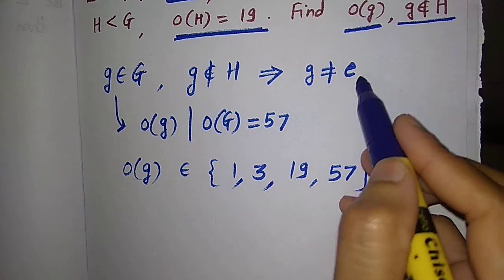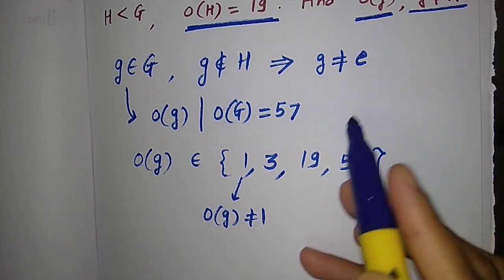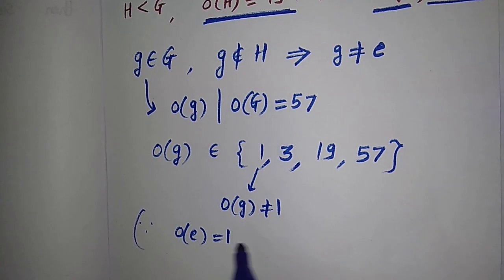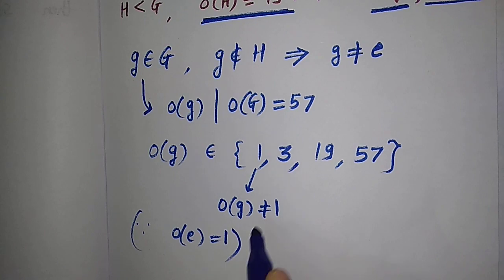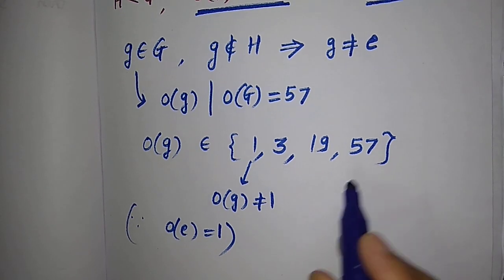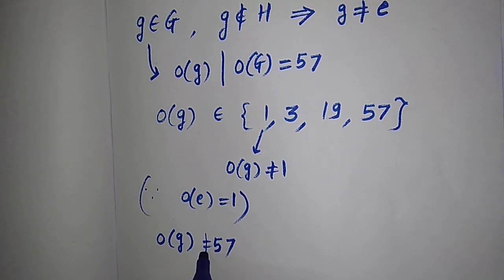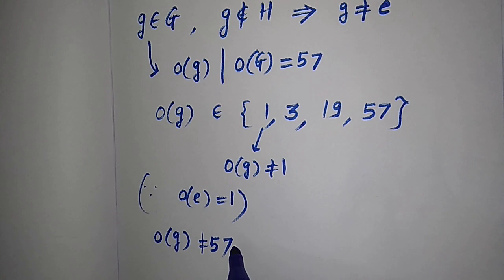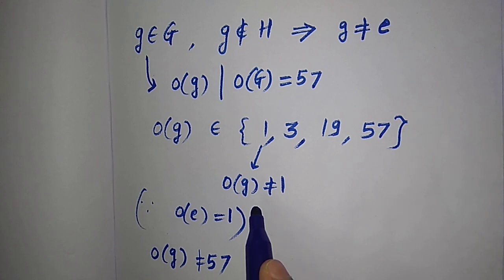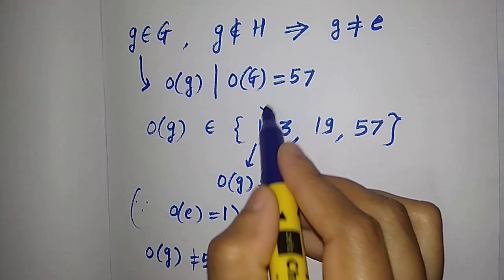So the order of g cannot be 1, since the identity element is the only element of order 1, and g is not equal to the identity element. Similarly, the order of g cannot be 57, because 57 is nothing but the order of the group G, and G is non-cyclic, so there will not exist any element of order 57. So this is also gone.